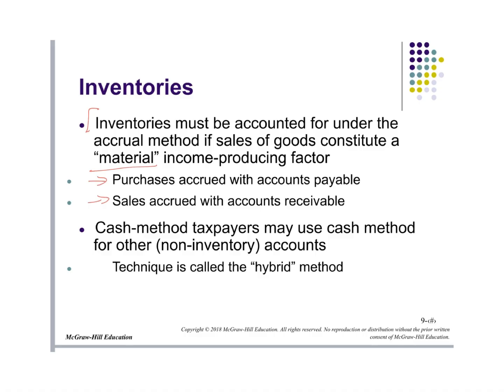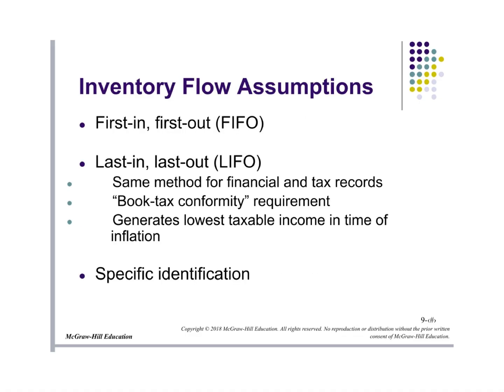All right. When we talk about inventories, we have to talk about cost flow methodologies and inventory flow assumptions. FIFO, LIFO, and specific identification work exactly the same in the tax world as they do in the financial world. Okay. The interesting thing about using LIFO is if you use LIFO for tax purposes, you also have to use it for financial purposes. All right.